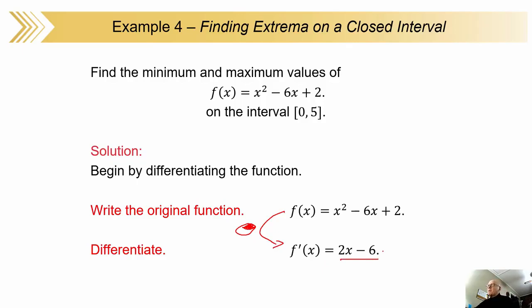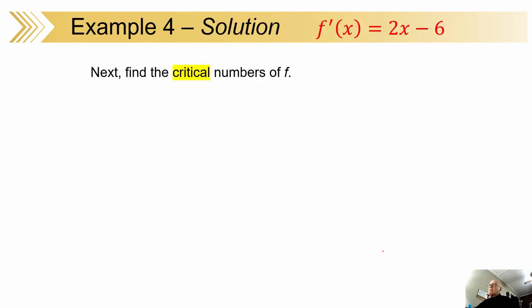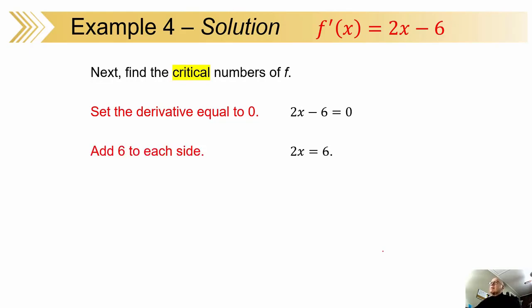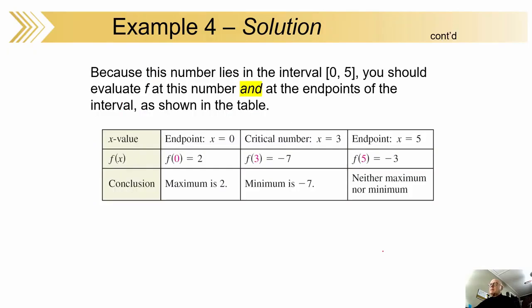We're looking for maximum and minimum values, so we differentiate the function, find critical numbers, set the derivative equal to 0. Simple as that, sometimes. Solve for x, and there's your critical number. That critical number splits the number line into 2 areas: negative infinity to 3, 3 to positive infinity.